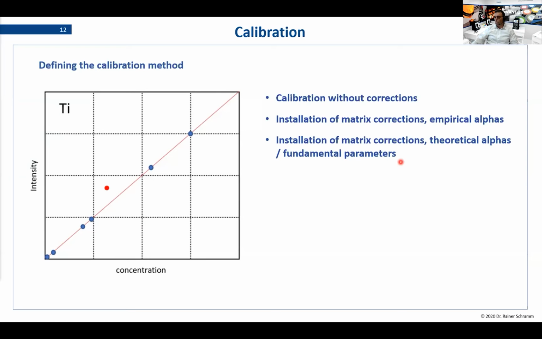This will reduce the number of standards drastically. On the other hand, it also requires that you describe your sample 100%. So you have to measure all elements, or you have to describe any missing element in the software so that the software is able to calculate the sum to 100% for all your elements.